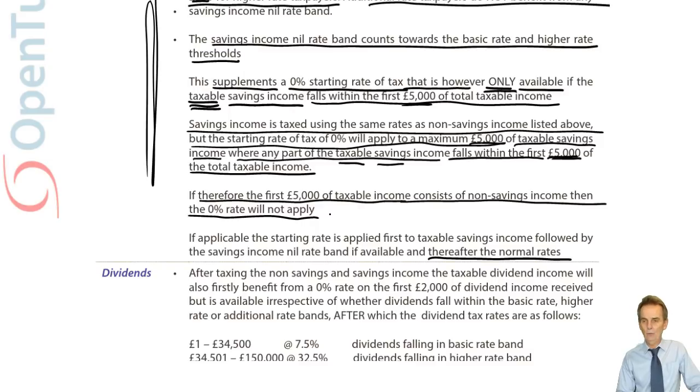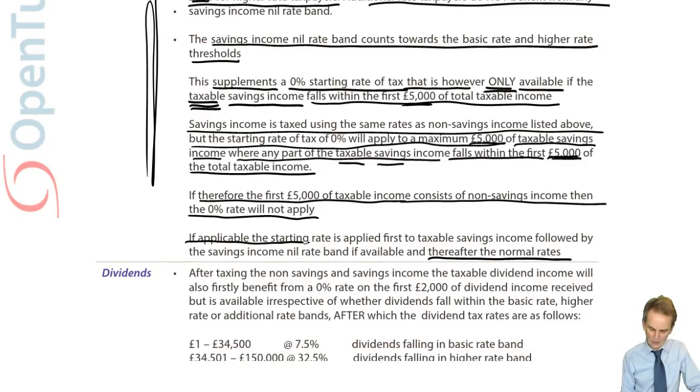So if we have at least £5,000 of taxable non-savings income, there is going to be no use of the starting rate band. Only if the taxable non-savings income does not exceed £5,000 does the starting rate band come into play.